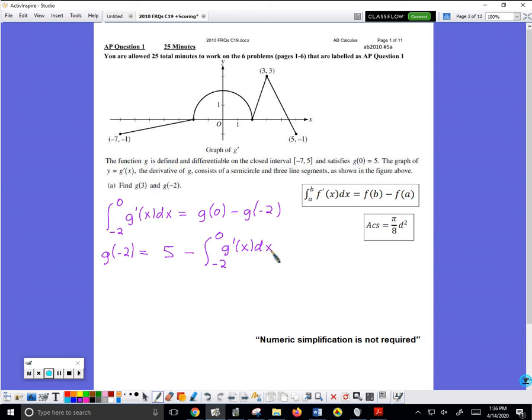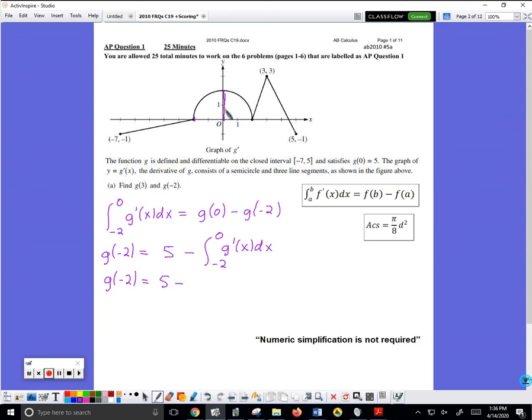From negative 2 to 0, all values of g prime are positive, so therefore all of this area will count as a positive number when we find this integral. So g of negative 2 will equal 5 subtract.